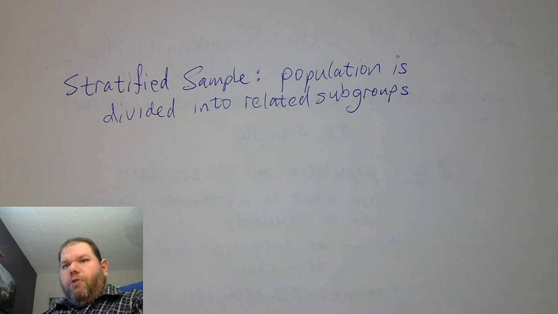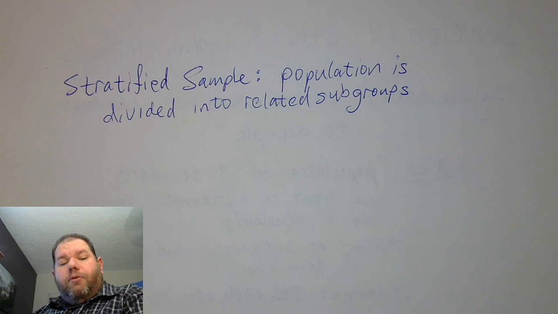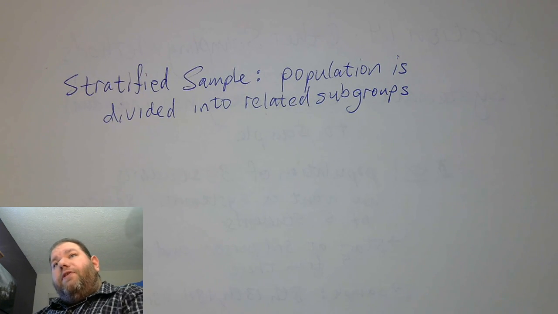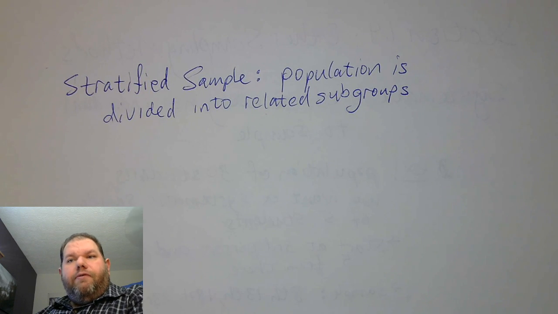In market research, a lot of the times when we're doing advertising research, groups are broken up according to age, for instance. Like you might have an under 18 age group, 18 through 35, 36 through 49, and then 50 to 64, or just 50 plus.